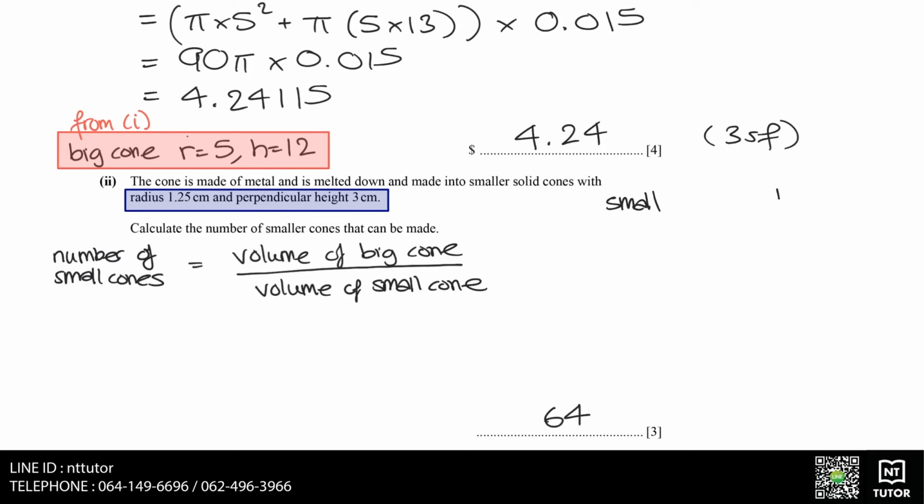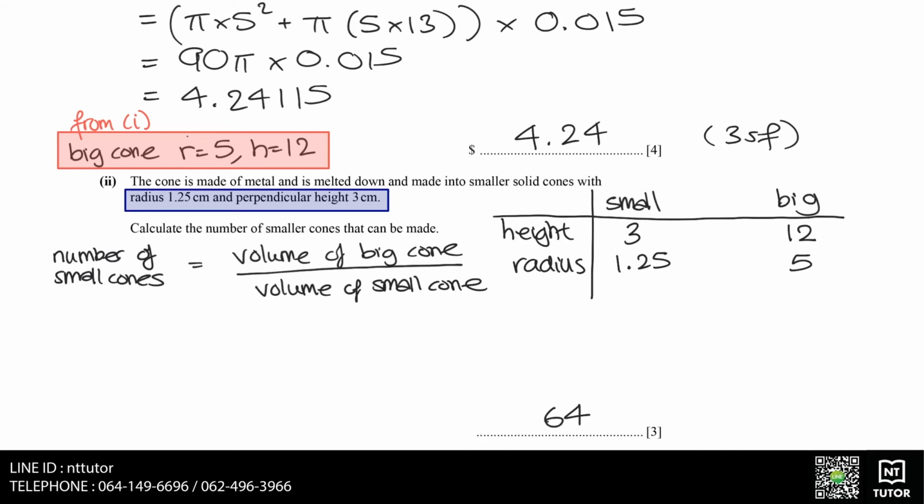In this case, if you notice that the height of the smaller cone is 3, but the big cone is 12, and the radius of the smaller cone is 1.25, if you compare the radius and the height of the small cone and the big cone, you can notice that it's multiplied by 4. Right? The height and the radius of the smaller cone multiplied by 4 equals the height and the radius of the bigger cone. This means that the scale factor is equal to 4.